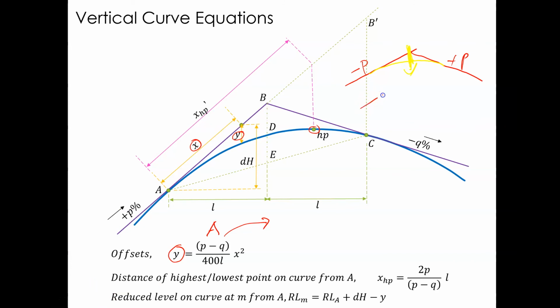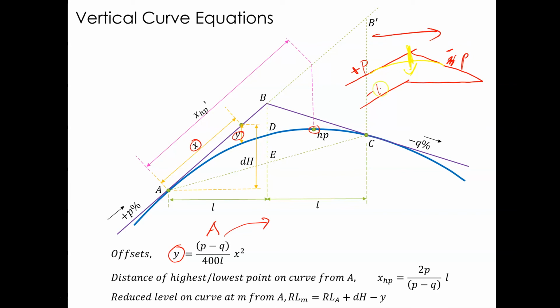But in most cases the grades are not equal. We might have P this way and another one that way. I made a mistake there, I can just delete. That should be plus, that should be minus, because I'm going from there to there.